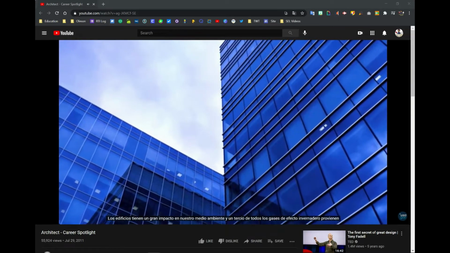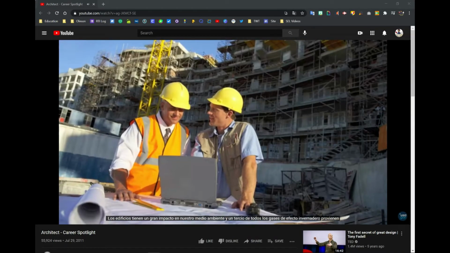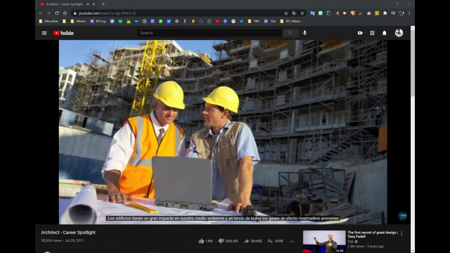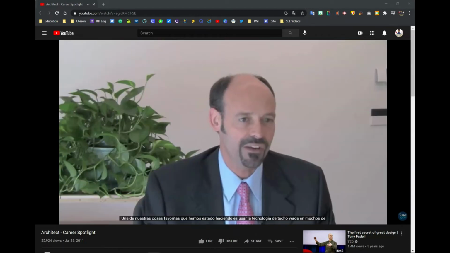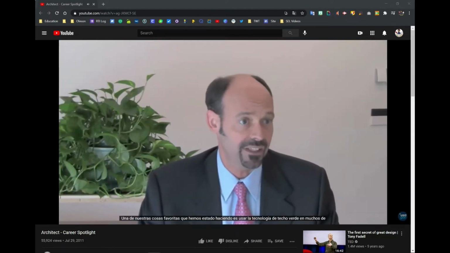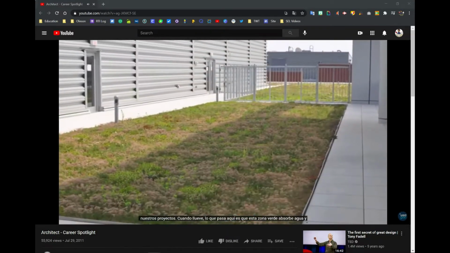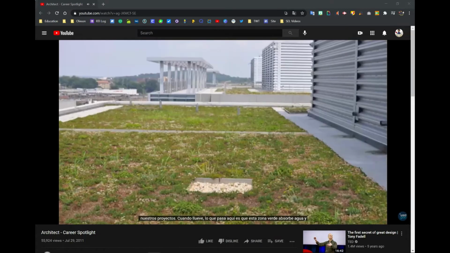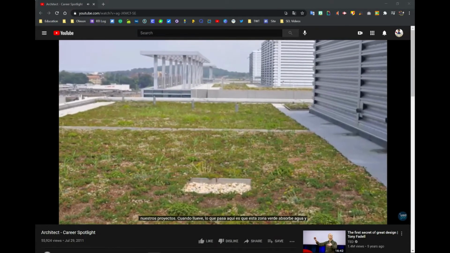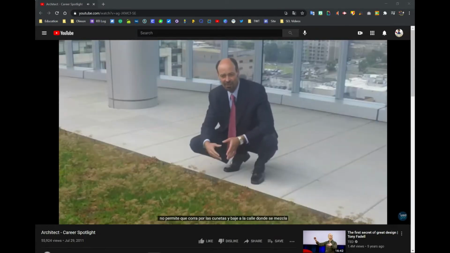Buildings have a great impact on our environment, and 1/3 of all greenhouse gases come from buildings. One of our favorite things that we've been doing is using green roof technology on many of our projects. When it rains, what happens here is this area of green absorbs water and doesn't allow it to run into the gutters and down into the street where it gets mixed up with the sewer system.